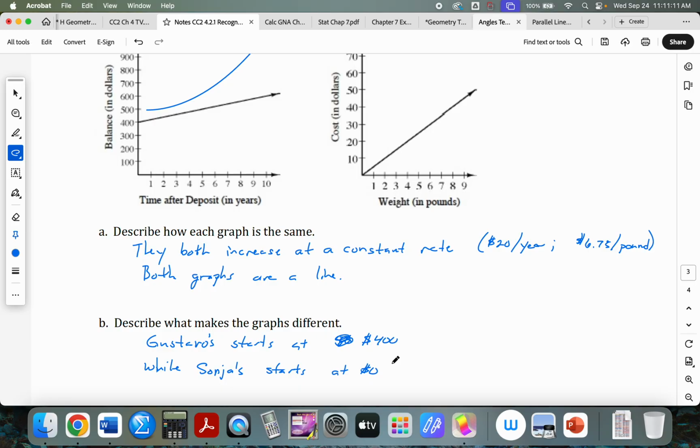Yes, sir. Sonia's graph increases more rapidly.